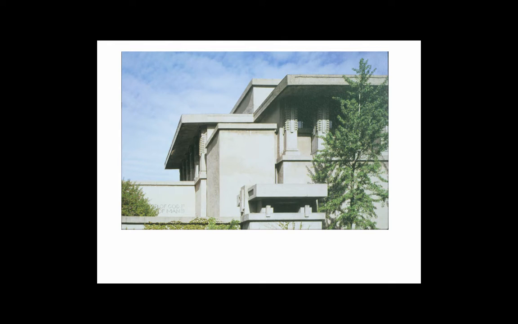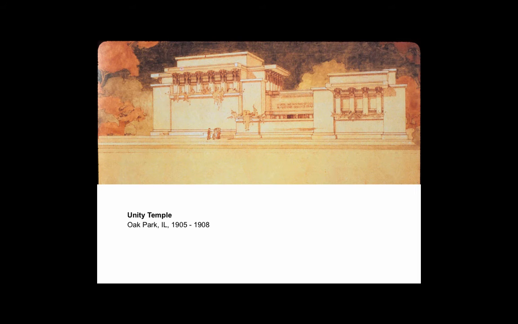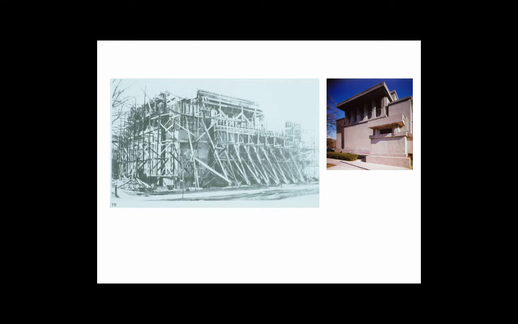He does a few institutional buildings. This is the Unity Temple, a church, and pioneers the use of poured-in-place concrete, very geometric. On the inside we have very rectilinear geometric forms, and he uses slip forming.